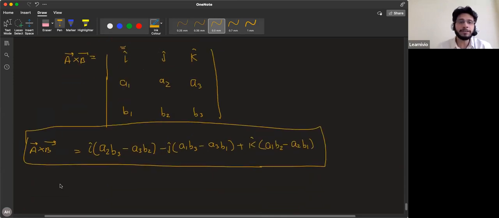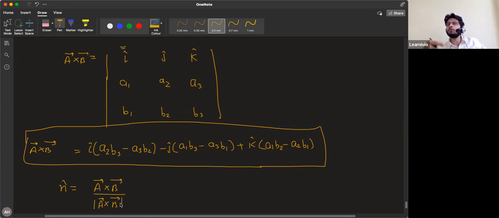If you want to get the exact direction, you will take A cross B and divide it by the magnitude of A cross B. This is the direction. But simply, you know one thing: if you're taking the cross product of A and B, then the n cap here is perpendicular to both.